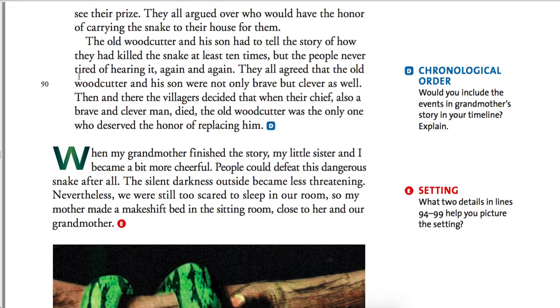But the people never tired of hearing it again and again. They all agreed that the old woodcutter and his son were not only brave, but clever as well. Then and there the villagers decided that when their chief, also a brave and clever man, died, the old woodcutter was the only one who deserved the honor of replacing him.